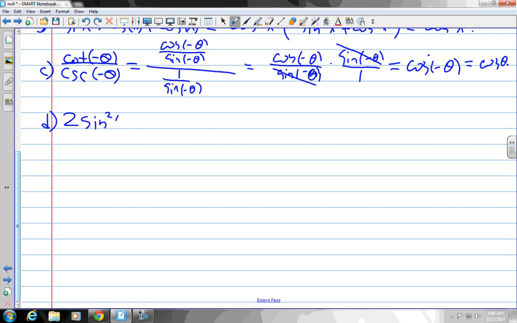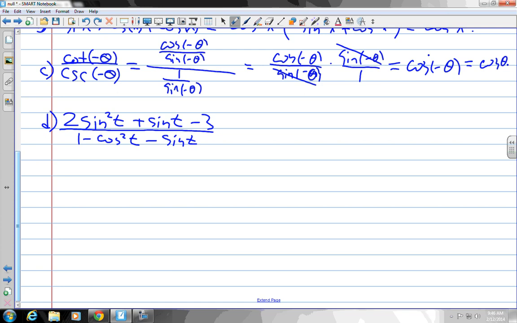2 sine squared t plus sine t minus 3 all over 1 minus cosine squared t minus sine t. So there's one other aspect of this problem.